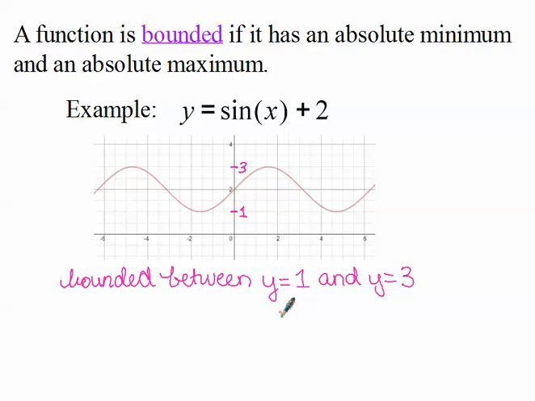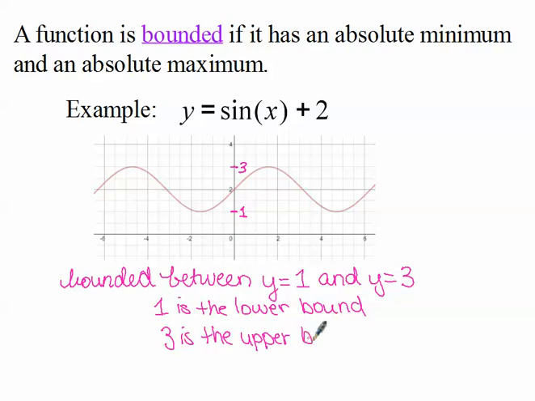In this case, 1 is the lower bound, and 3 is the upper bound. And you can hopefully see how this is really related to the absolute extrema that we talked about previously. A point on the graph for which the graph never goes above for an upper bound or an absolute maximum, and a point on the graph for which the graph never goes below, which would be our lower bound or our absolute minimum.